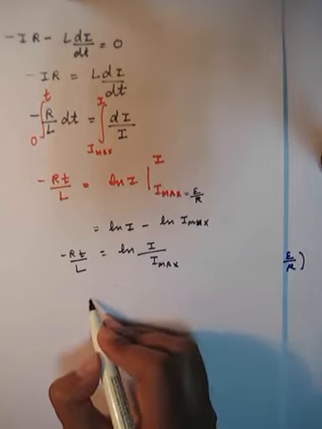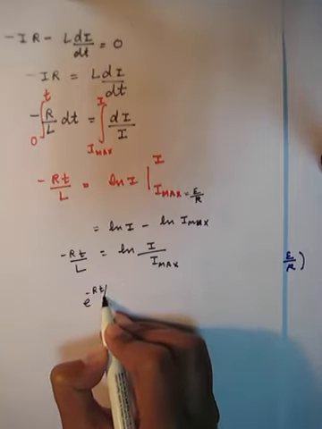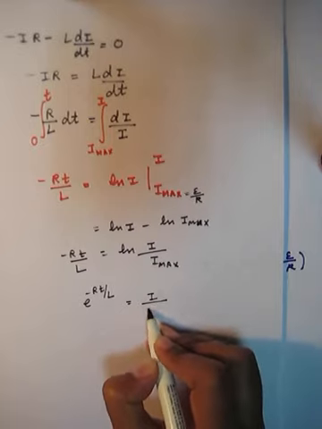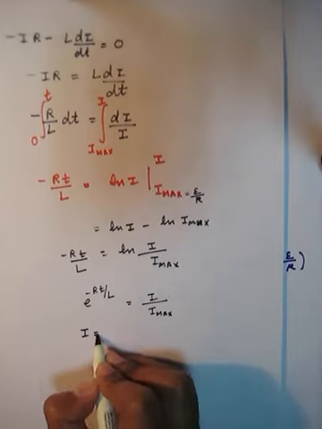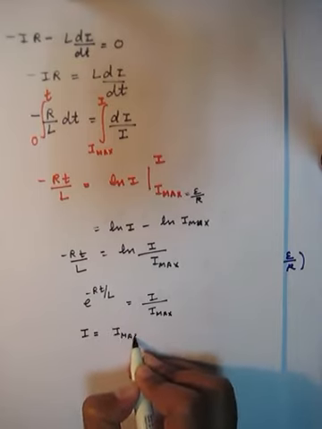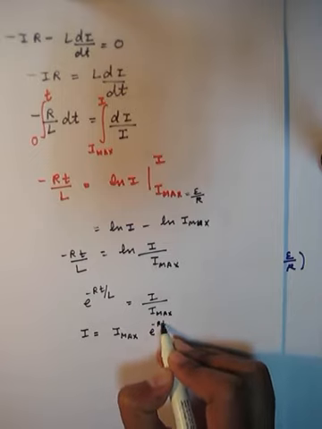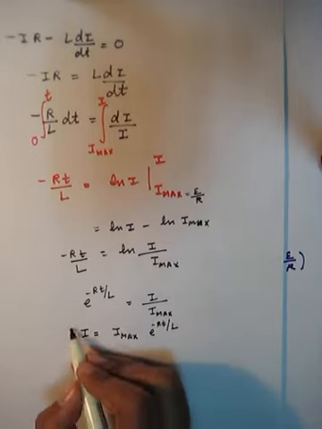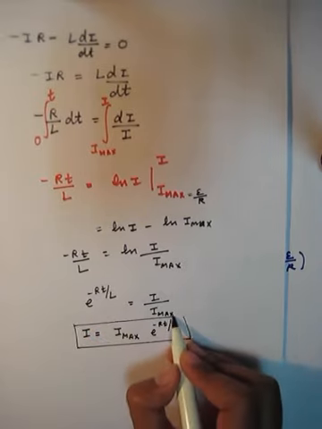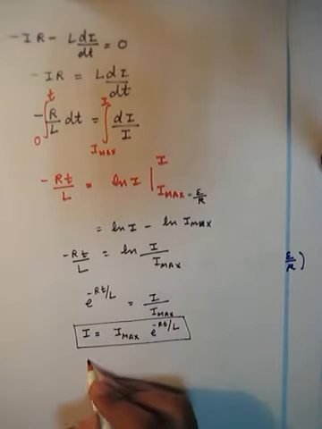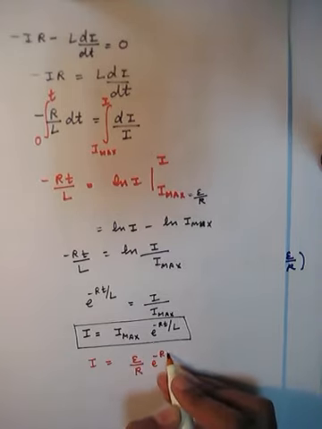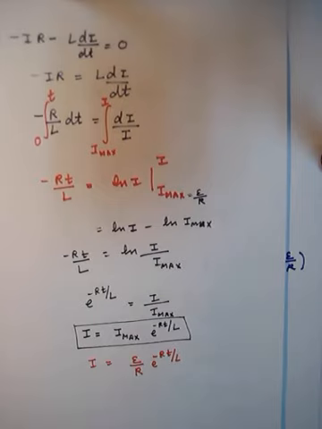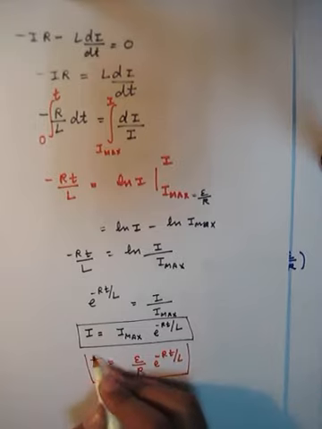So we can also write it as exponential minus Rt upon L will be I upon I maximum, or I will be equal to I maximum exponential minus Rt upon L. This is how the current will behave. Or we can also write it as epsilon upon R exponential minus Rt upon L.